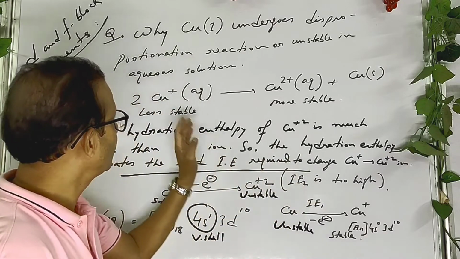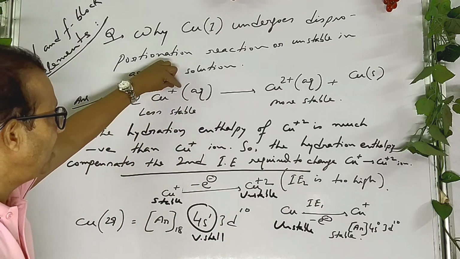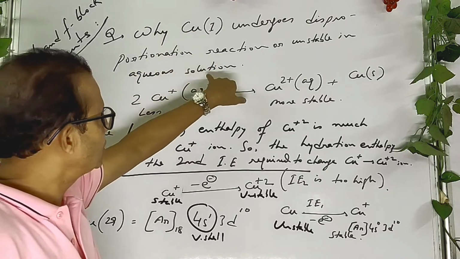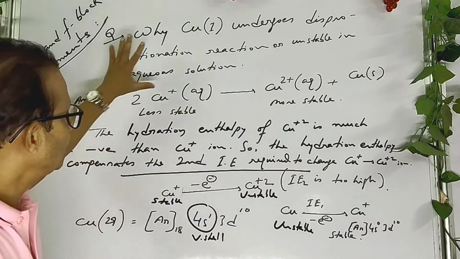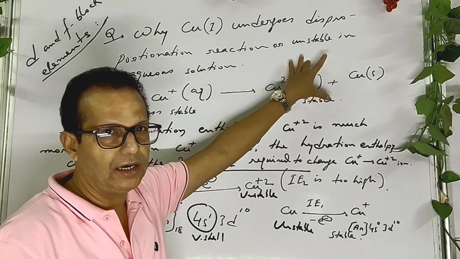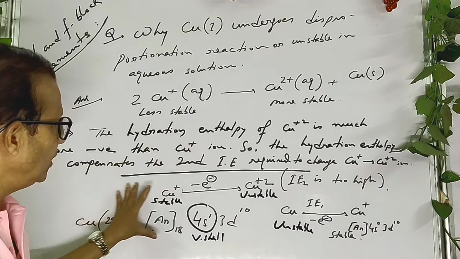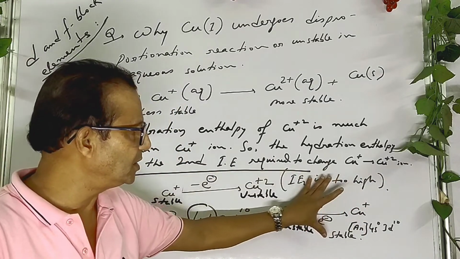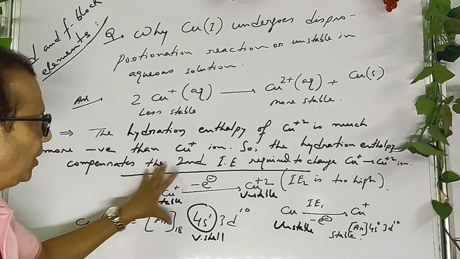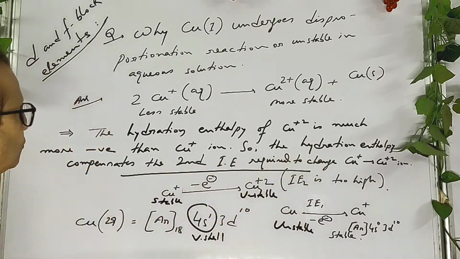That's why copper positive ion in aqueous solution undergoes disproportionation reaction. If this question comes, it carries hardly 1 mark, so write up to this answer. This is for your understanding. Don't write it in the exam, because time is also a vital factor.